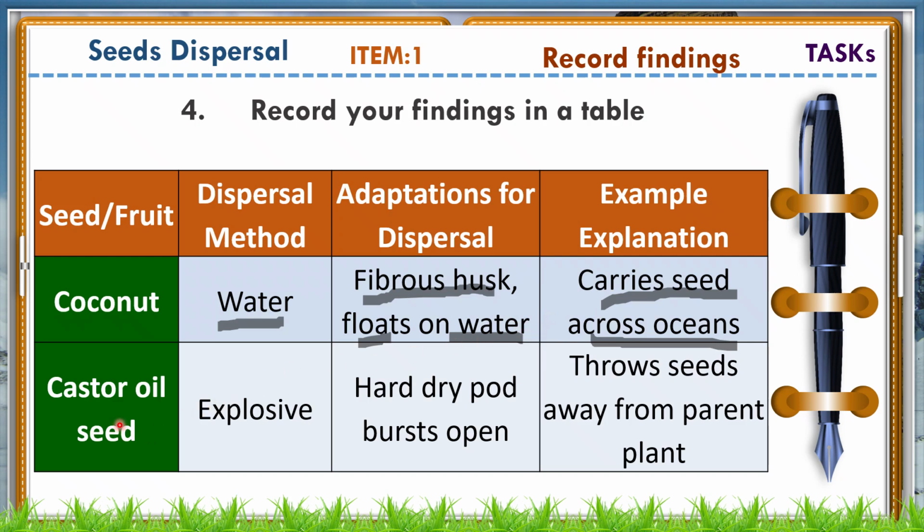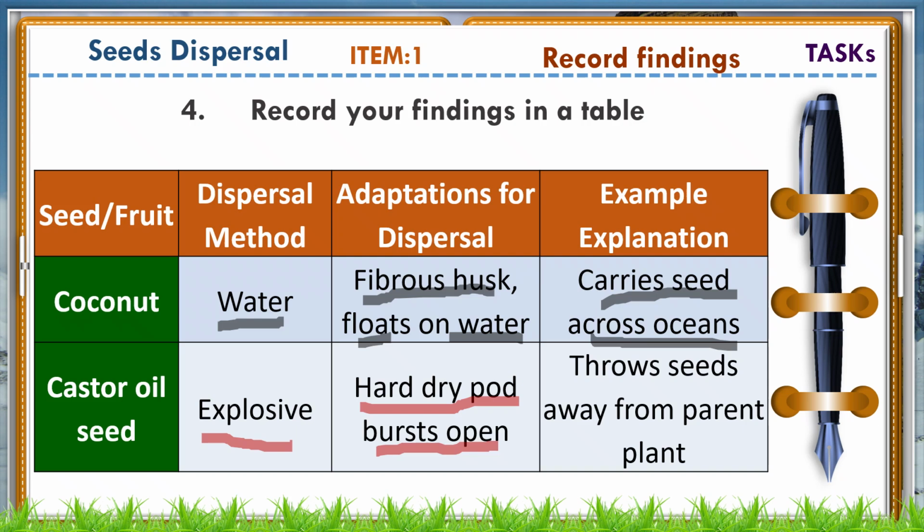And then we have castor oil seeds. These are dispersed by explosive mechanism. Which adaptations do they have? They have a hard, dry pod, and this pod bursts open when they are ripe and dry.